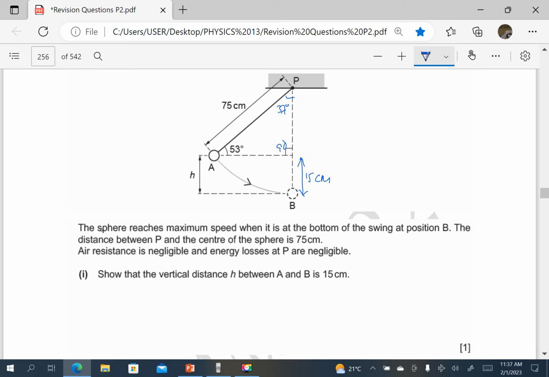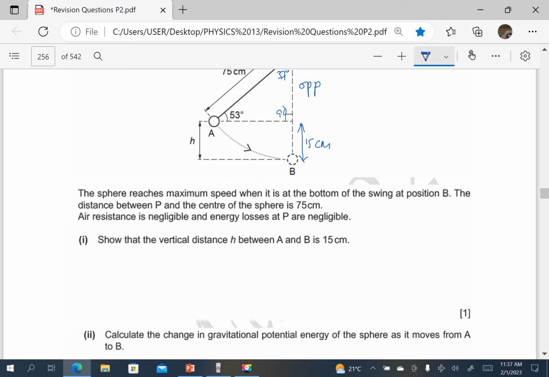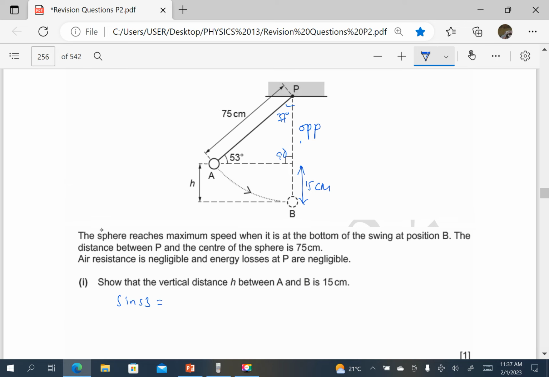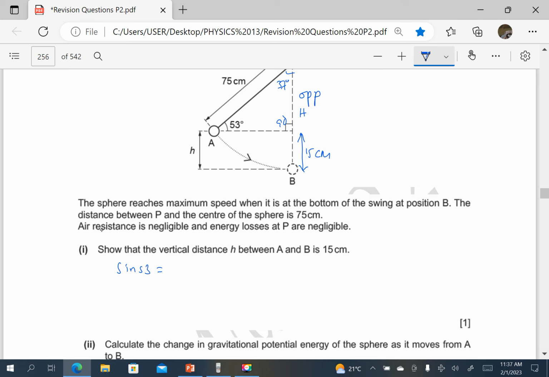So you could also use this as the opposite of 53 and use sine. So sine 53 is equal to the opposite, which I'm calling capital H, divided by the hypotenuse, which is 75.